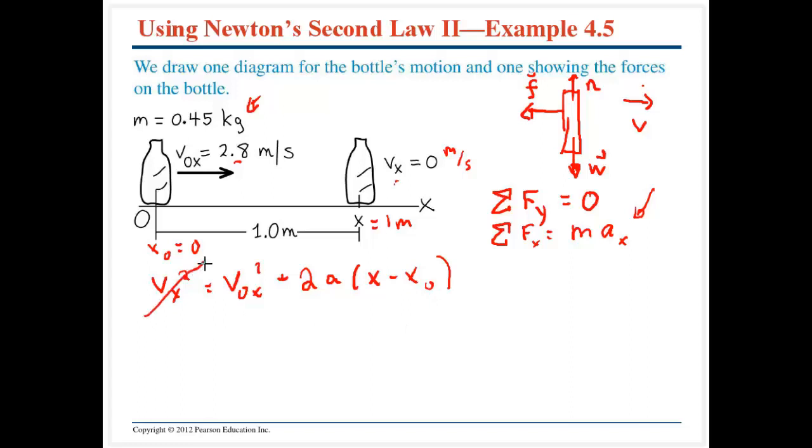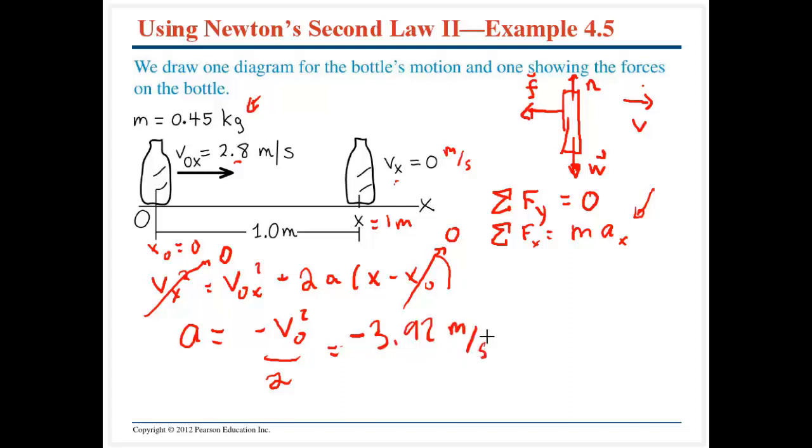I know that the final velocity is equal to 0, and I know that my initial position is equal to 0, so the acceleration must be equal to negative v naught squared divided by 2 times x. I plug all that in, and I come up with negative 3.92 meters per second squared. The negative means that it's in the negative direction, slowing this object down, acting in the opposite direction as the velocity.